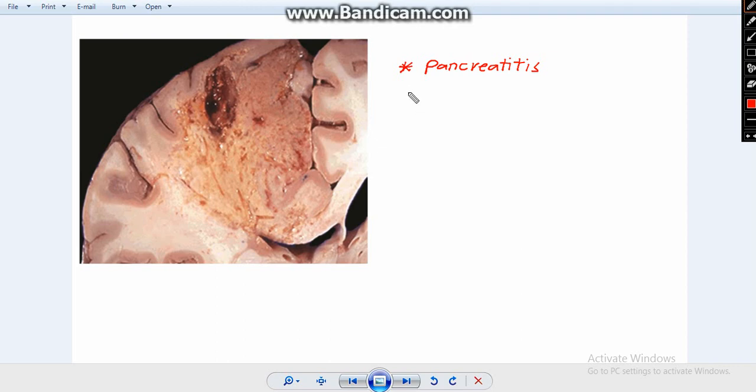And basically any dead tissue collects neutrophils from the bloodstream, and so it forms an abscess. So an abscess and pancreatitis both have liquefactive necrosis.